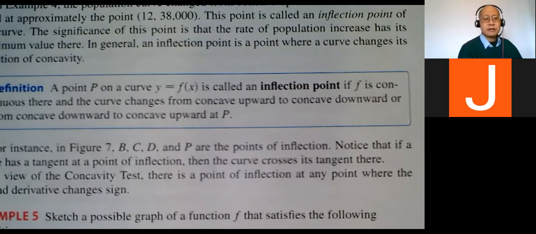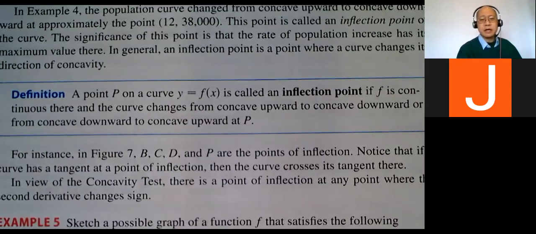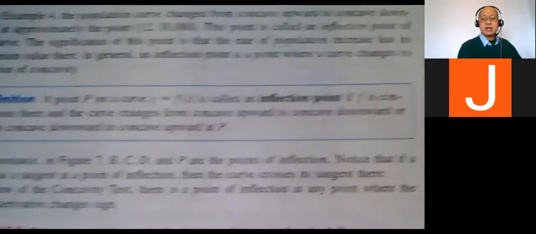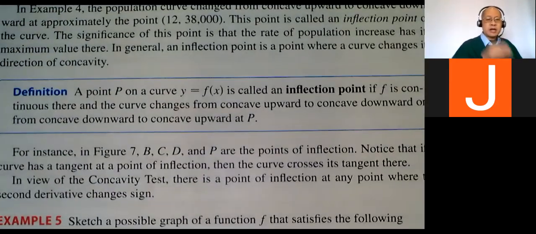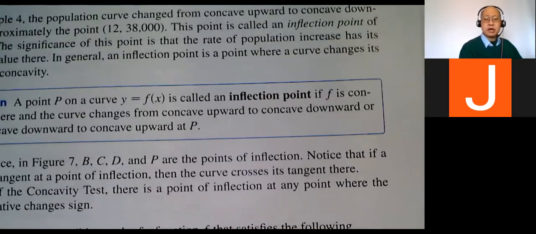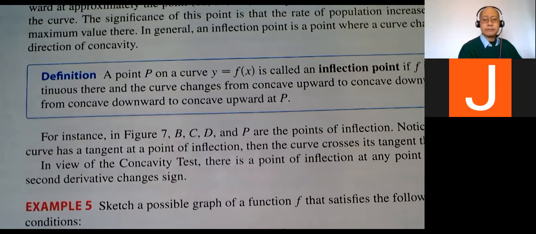Page 297. Inflection point. Okay, inflection, not infection, inflection. An inflection point, by definition, the function is continuous, and the curve changes from concave up to concave down, or vice versa, at that particular point.